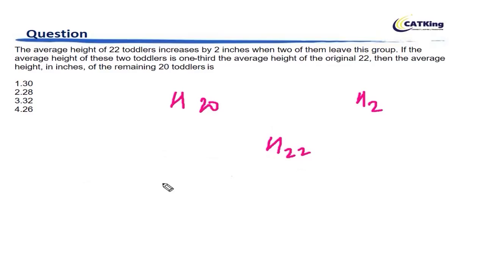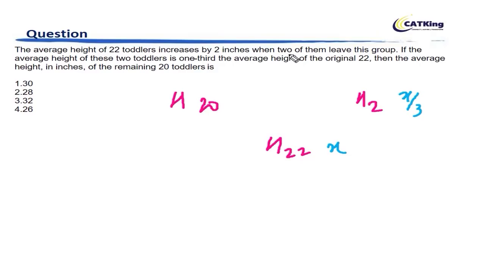The average height of 22 toddlers increases by 2 inches when 2 of them leave this group.